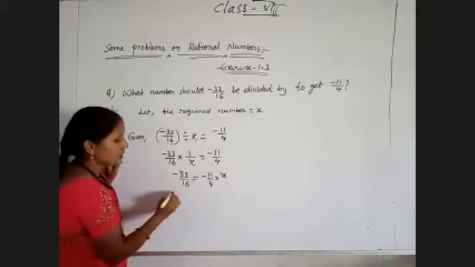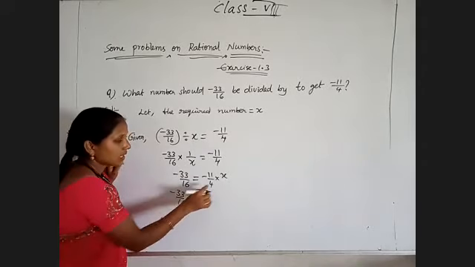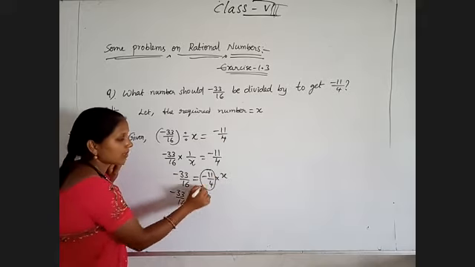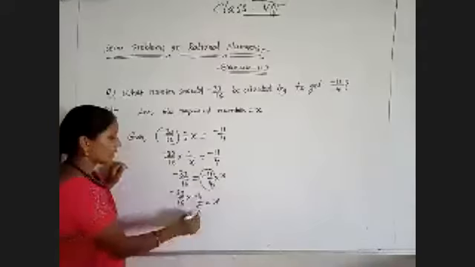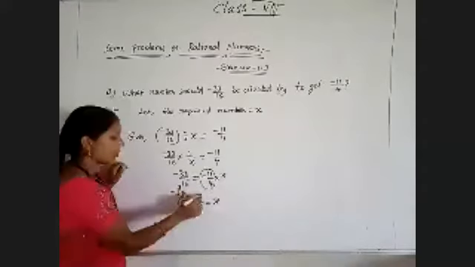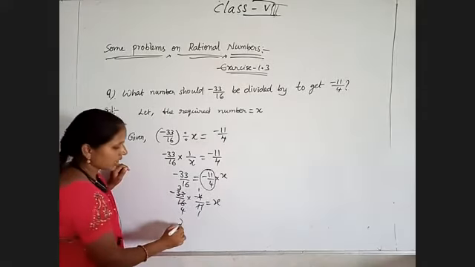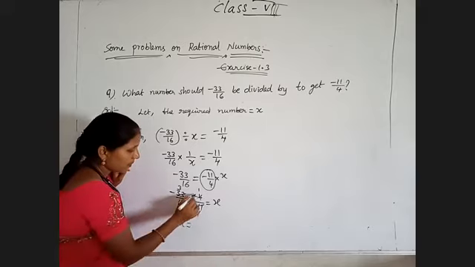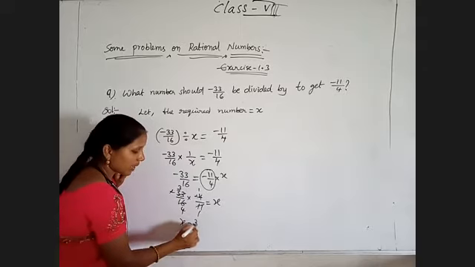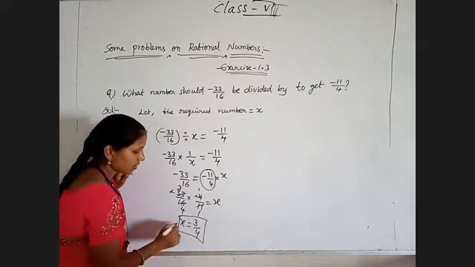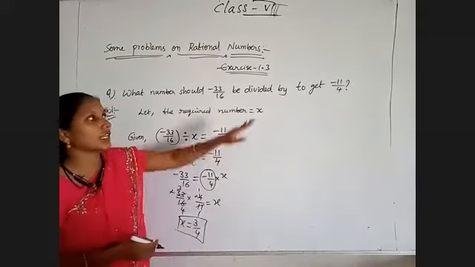So take the reciprocal of that value to get x. 11 ones are 11, 3 threes are, 4 ones are 4, fours are. And minus into minus will become plus. So x is equal to 3 by 4 will be the result.